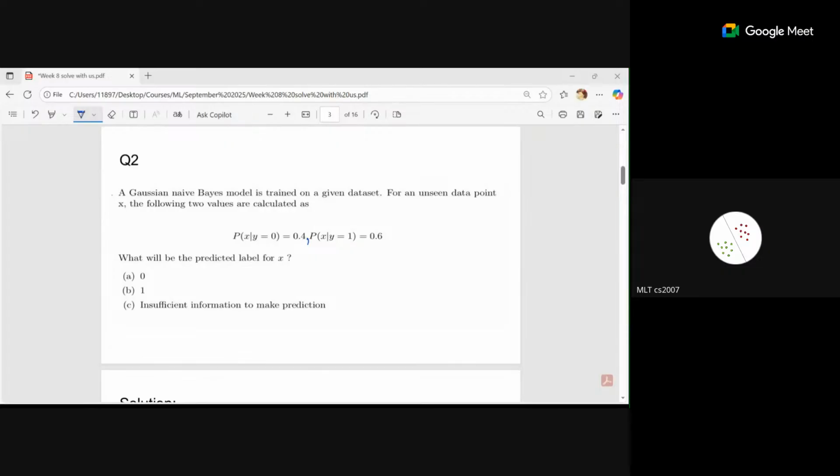So any other answer for this question? I see Mayank has given option C. Yeah, so C is fine, right?